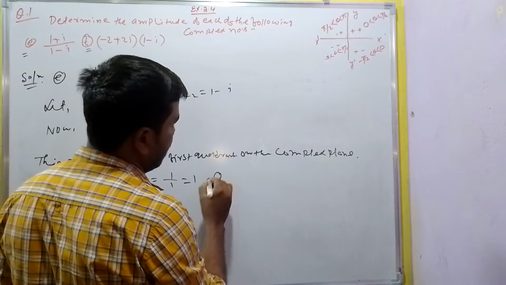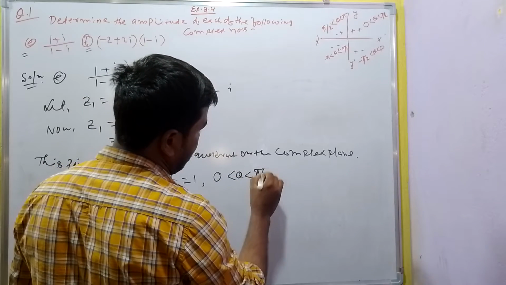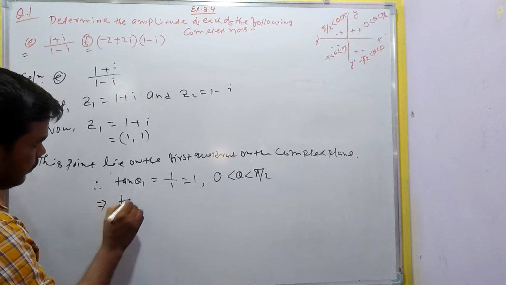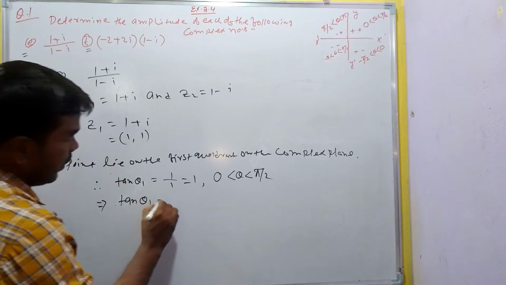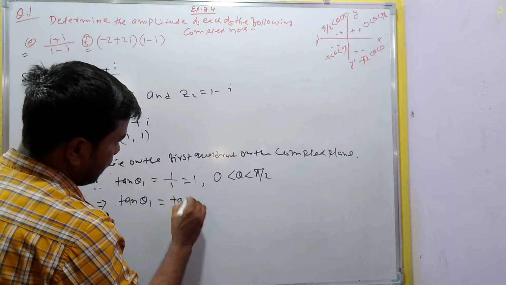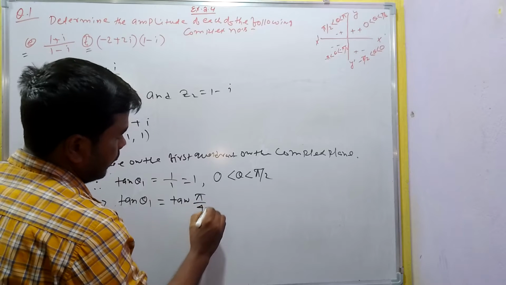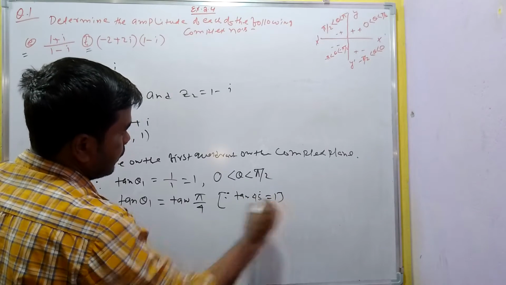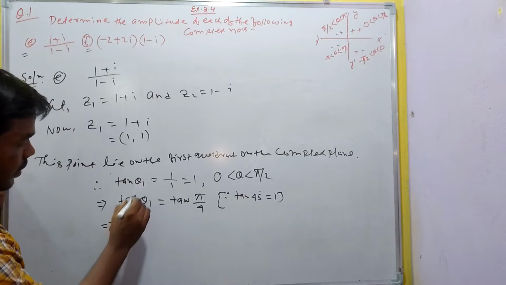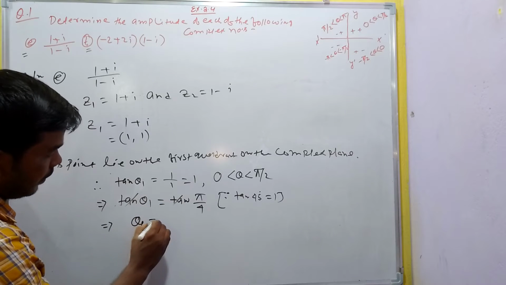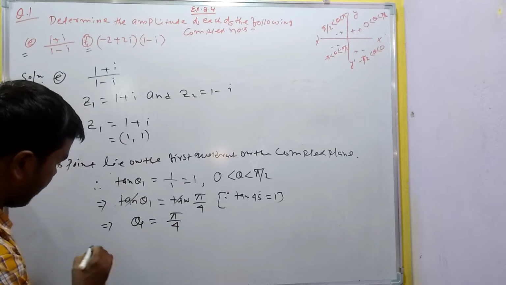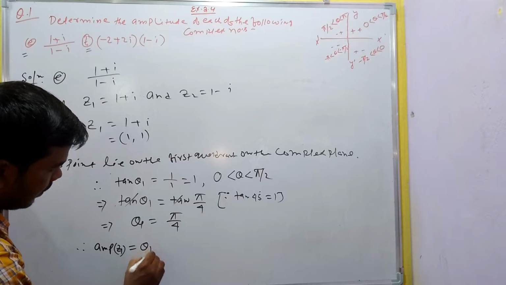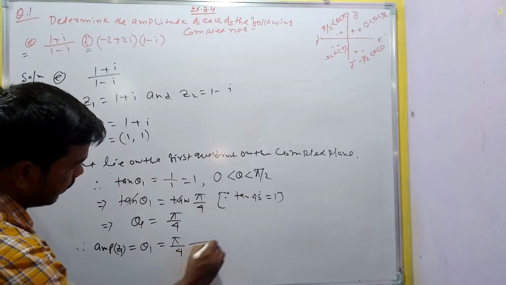So tan theta 1 equals tan pi by 4, since tan 45 degree equals 1. The tan will be cancelled, then theta 1 equals pi by 4. Therefore, amplitude Z1 equals theta 1 equals pi by 4. This is equation number 1.